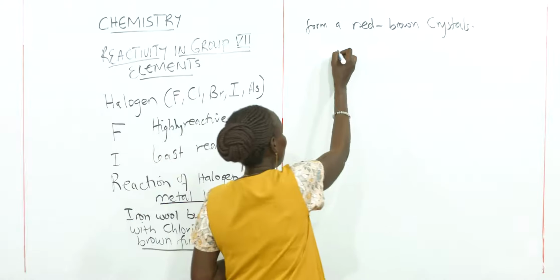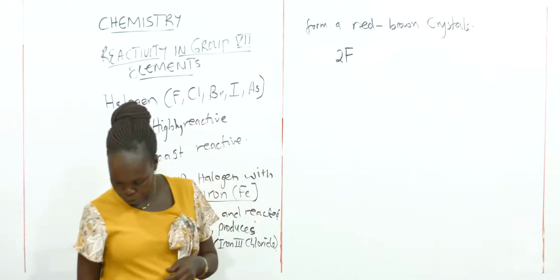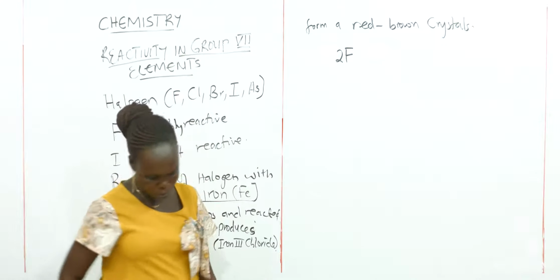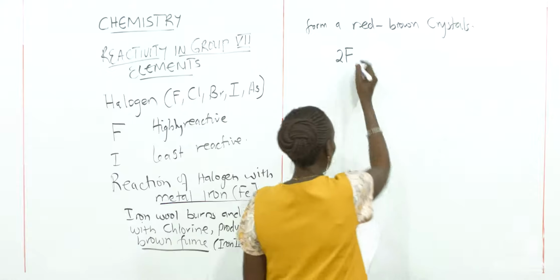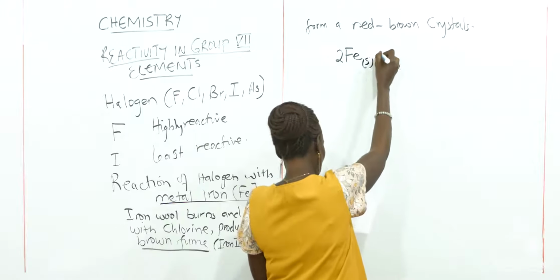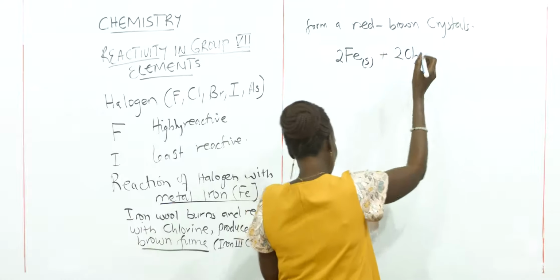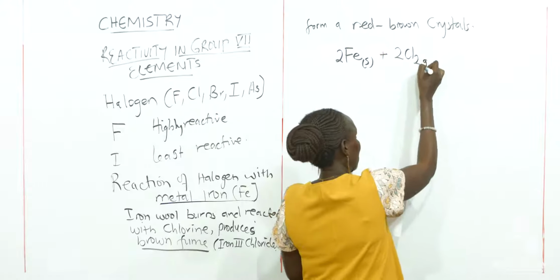We are going to have two molecules of iron, which is in solid form because it is a metal, plus 2 molecules of chlorine gas.